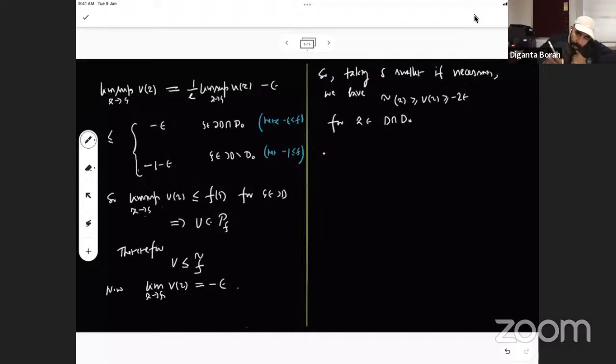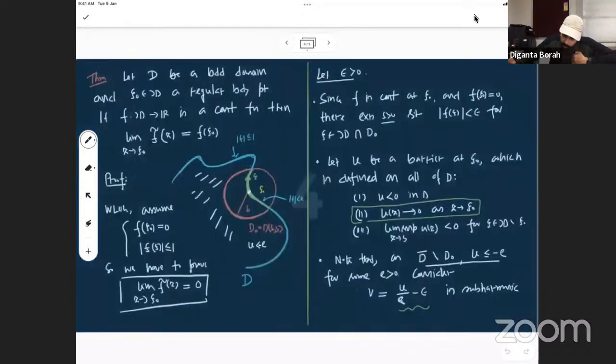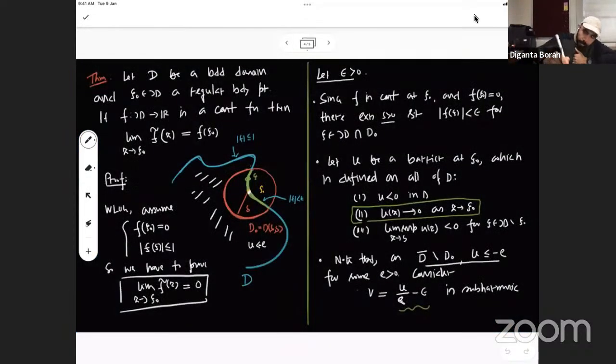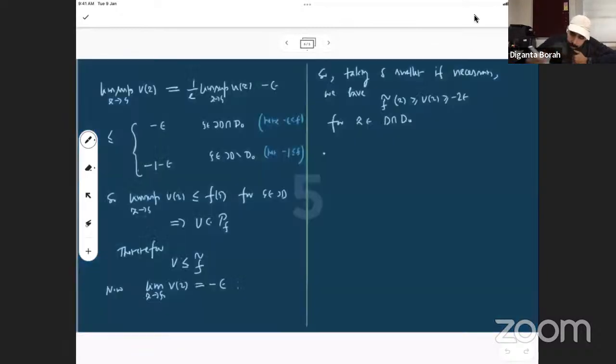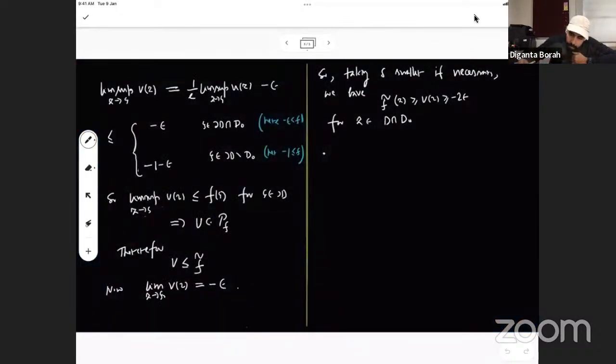Please correct this notation if I have. So only the Perron solution is involved. Did I use h here also? Doesn't look like. Okay, so this f tilde is greater or equal to minus 2 epsilon. I will show that f tilde is also less or equal to 2 epsilon.